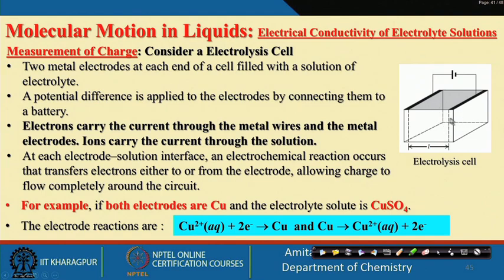So, you have this compartment filled with the electrolyte, and in this electrolyte, ions are going to carry the current. This is how the circuit is completed. Electrons are carried through the metal wires to the metal electrode, and the ions in the solution carry the current in the solution phase.